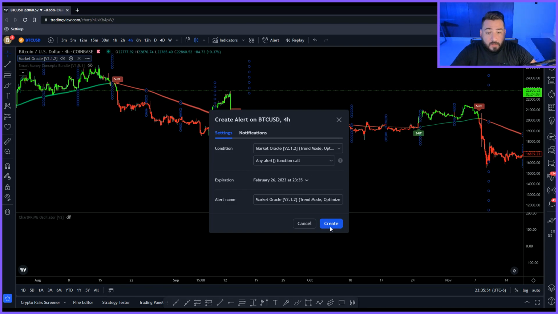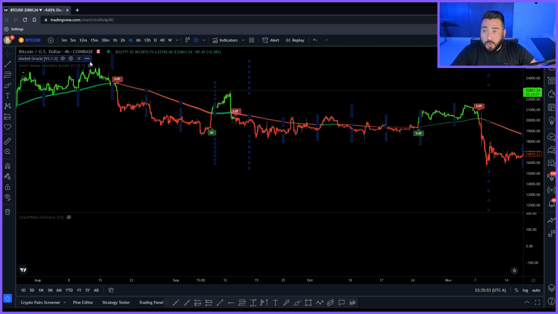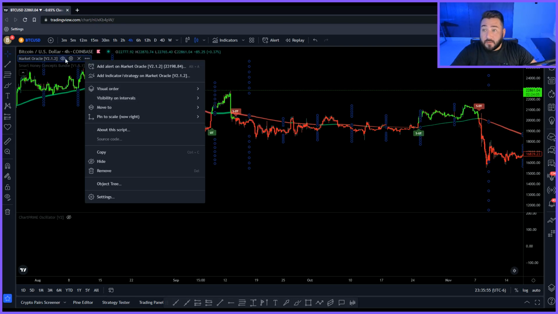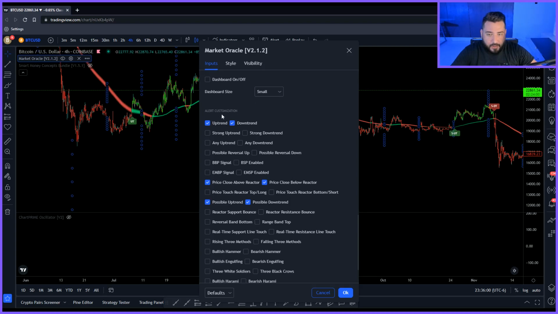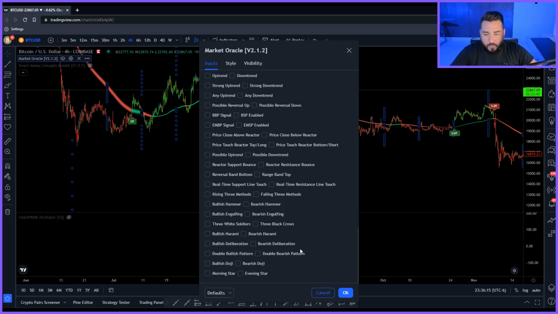Then whenever you click create, you will be adding an alert of every single thing that you click down here. So with a single alert click, now you can add as many as you want. Alright, so at this point, let me click them off because I'm not going to be adding any alerts. We already have seen it.